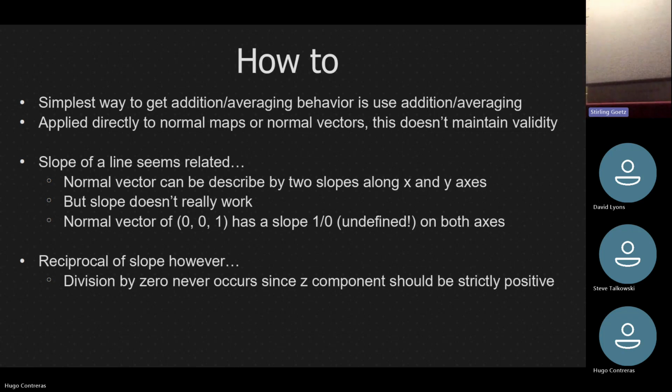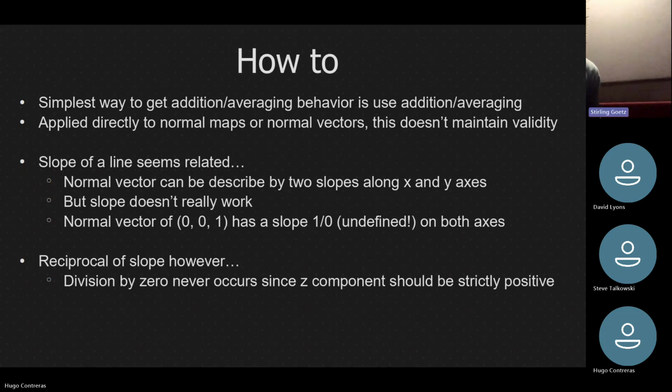But there's a problem: if you try to take the slope of a normal vector of 0, 0, 1, which is the normal vector that does nothing in tangent space, you get 1 over 0, and that's undefined. That seems problematic mathematically. But if you take the reciprocal of slope, because the z component should be strictly positive, then we never get division by 0. So that's a solution.